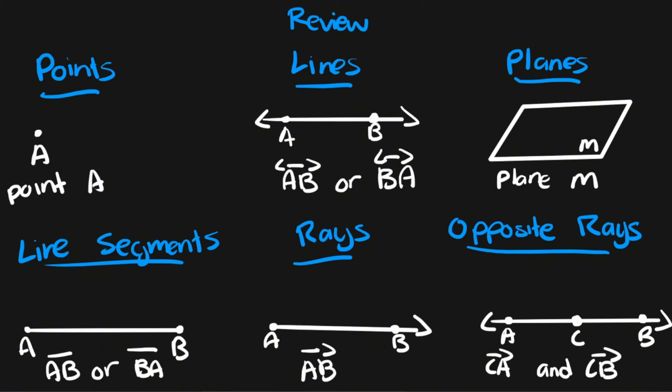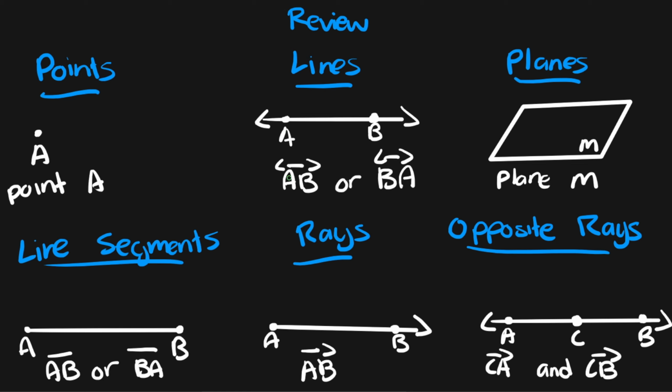Okay, so to review for the entire lesson, remember that points are represented by a dot and they have no dimension. So it's really just a dot and then a capital letter. That's point A. For lines, you have a line with two arrows at the end, which means it extends with no limit.